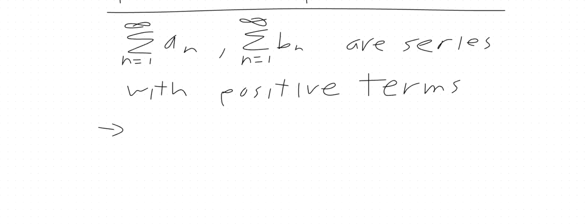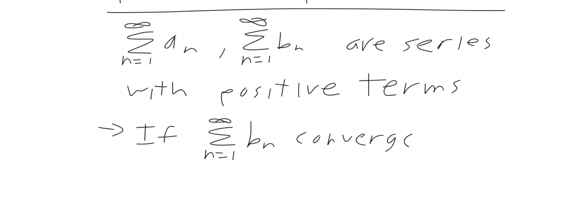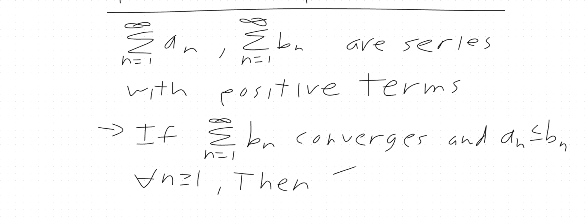So our first one says that if the B series converges and a sub n is less than or equal to b sub n for all n, especially greater than or equal to 1, then our A series will also converge.